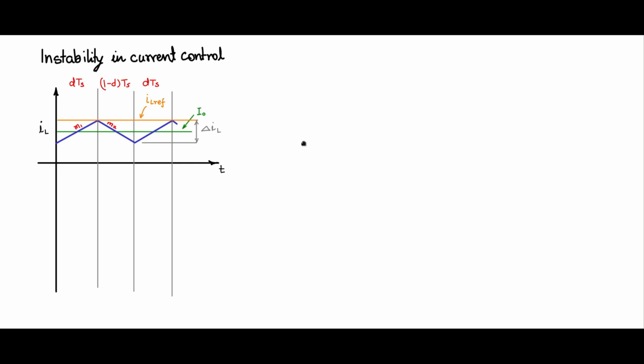So now with these, let us just formulate the problem. M1, the rising slope, is nothing but delta IL divided by this time period dTs. And M2 is the falling slope, which is minus delta IL by (1 minus d)Ts.